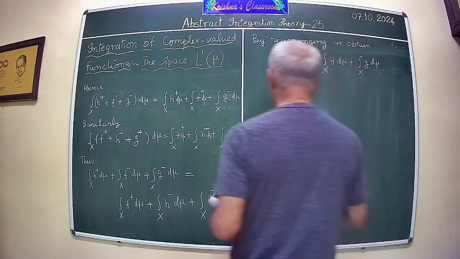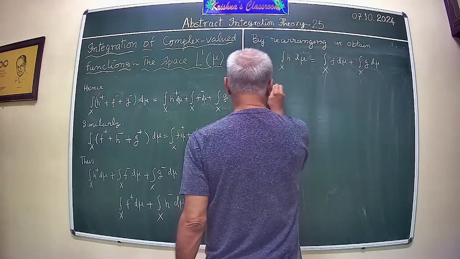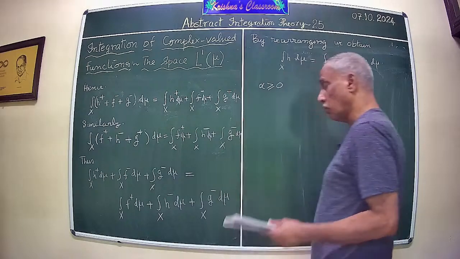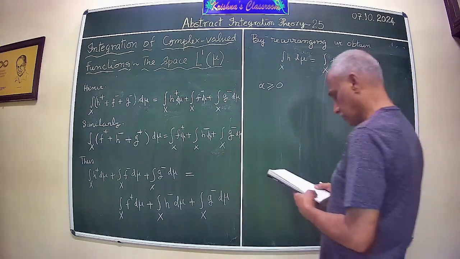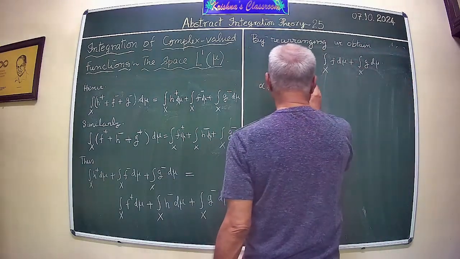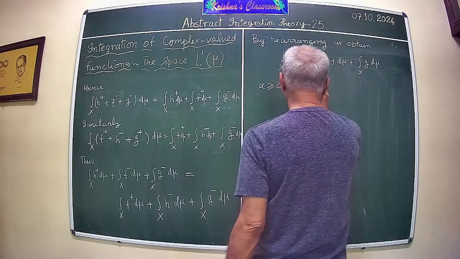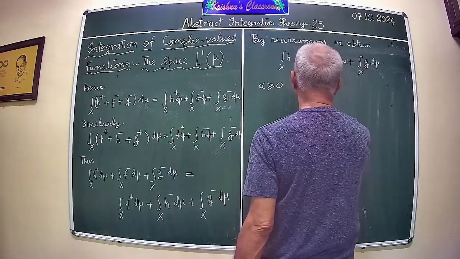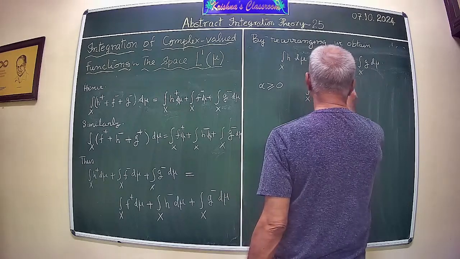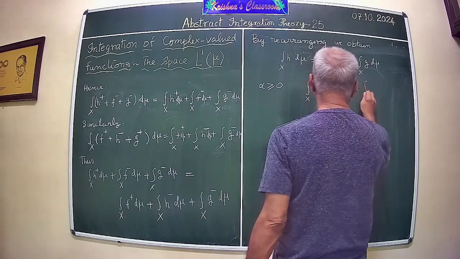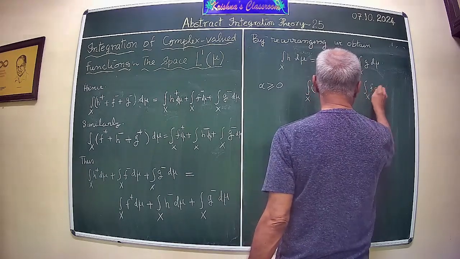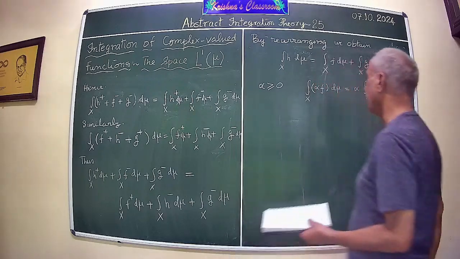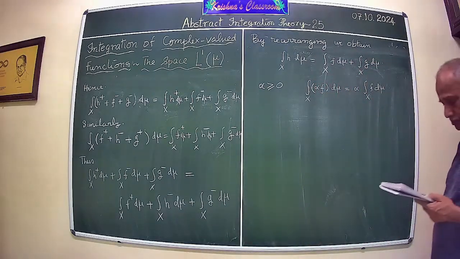Now for alpha greater than or equal to zero, we work the homogeneity. We have the integral of alpha f, I mean, that's easy to do.